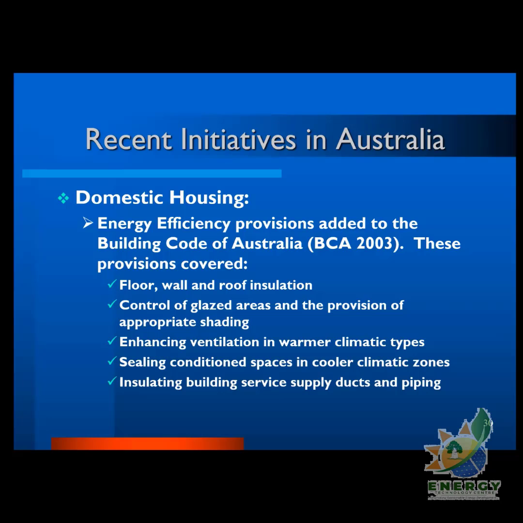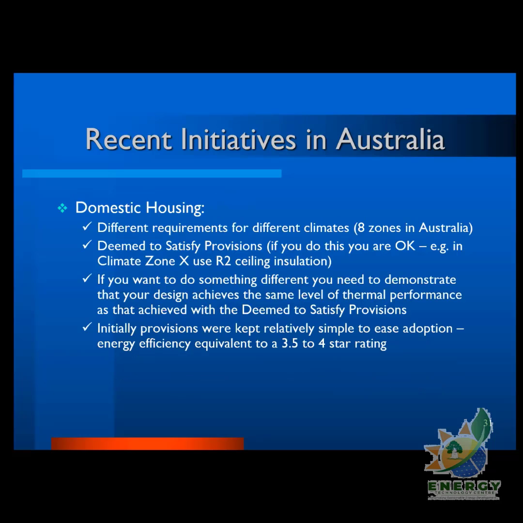So for each of the territories in Australia, you have material in the building code that, in certain areas, will require the use of materials with specific R values. Other areas will require materials with different R values and so on.